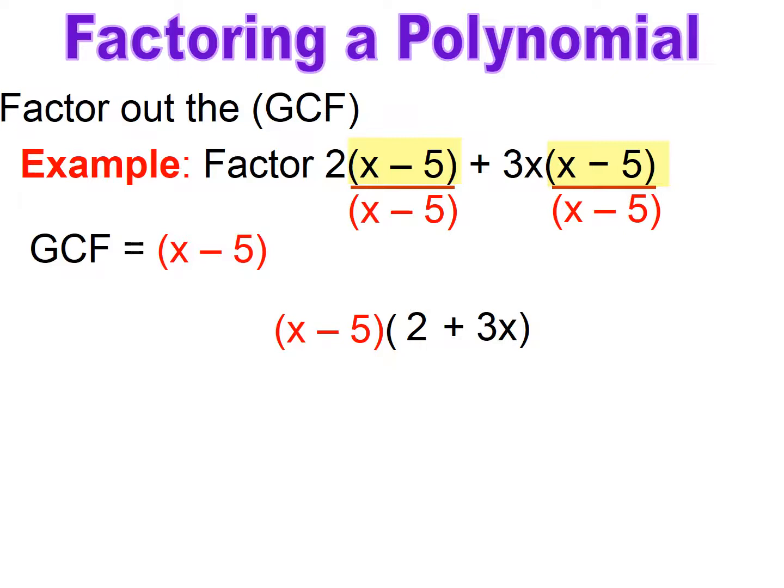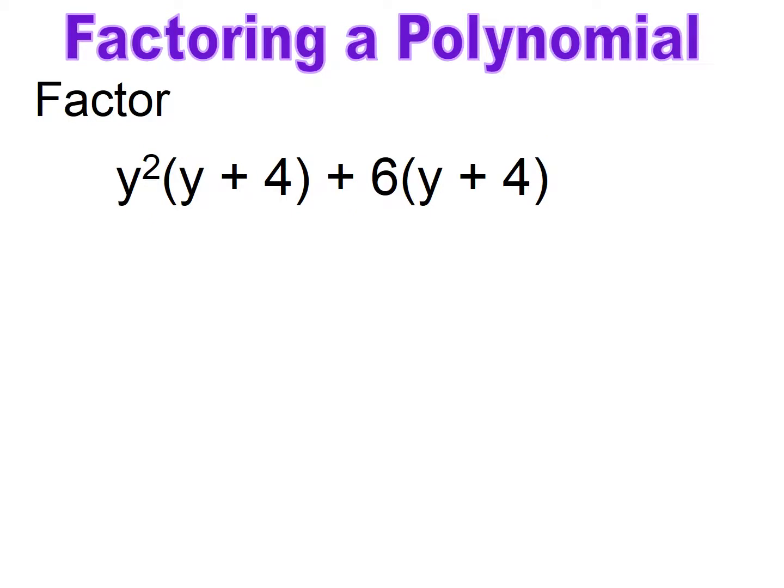So the GCF in this case happens to be a binomial, and when I factor out the binomial, I get another binomial. Pause and try. The GCF here is that common binomial of y plus 4, and what's left in the other binomial is going to be that y squared plus 6.